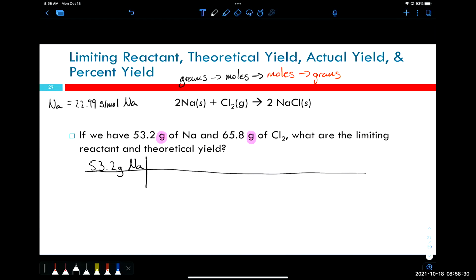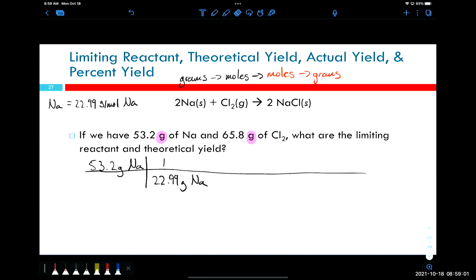All right. So now using our atomic mass, we can convert from grams of sodium to moles of sodium. So we have grams on top already, so we want to put our 22.99 grams of sodium on the bottom because grams is the unit which we're trying to remove. And then the atomic mass is how much mass you have for every 1 mole of substance.